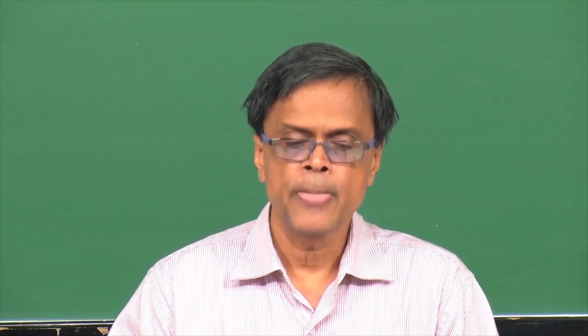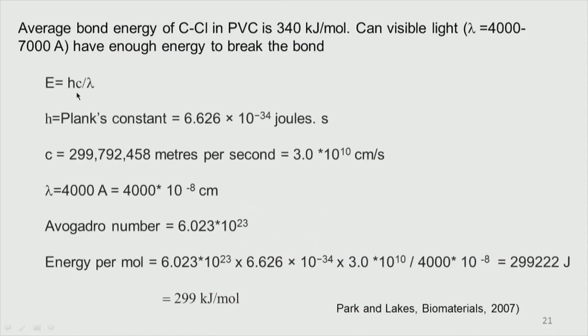So, what do we do? You remember this equation, E is equal to hc by lambda. Okay. h is your Planck's constant, c is the speed of light, lambda is the wavelength. So, c is the speed of light, lambda is the wavelength, h is the Planck constant that gives you energy.